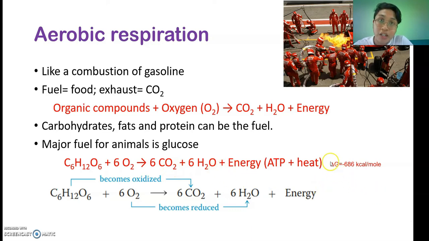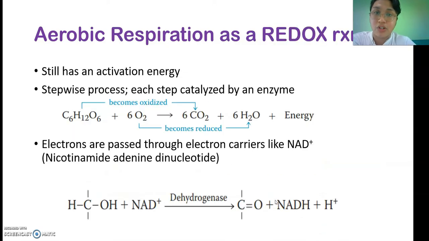Its delta G is negative 686 kilocalories per mole, so we realize that it is exergonic. This is a redox process because C6H12O6, glucose, is oxidized to CO2 while oxygen is reduced to water. So aerobic respiration is a redox reaction.